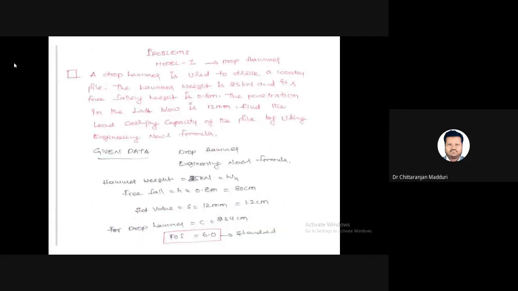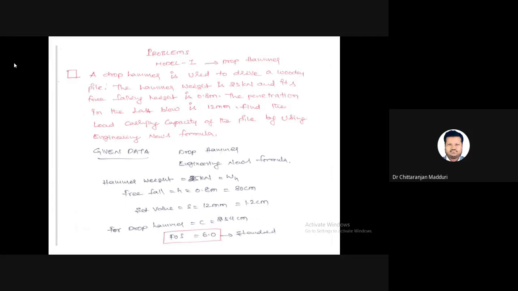Model 1: it is a drop hammer, so we need to use the engineering news formula. A drop hammer is used to drive a wooden pile. The hammer weight is 25 kilonewtons and its free fall height is 0.8 meters. The penetration in the last blow is 12 mm. Find the load carrying capacity of the pile by using the engineering news formula.